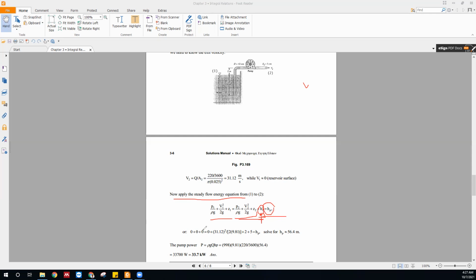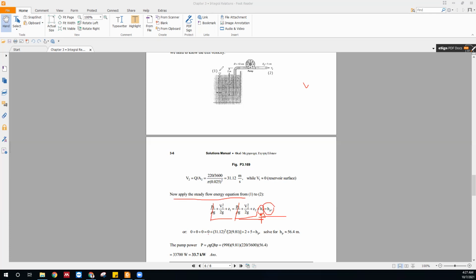Now at position 1, if we assume there is no pressure, or P1 equals 0, then P2 at position 2 will also be 0, because both of them are at atmospheric pressure, right? So this will be 0, this will be 0.